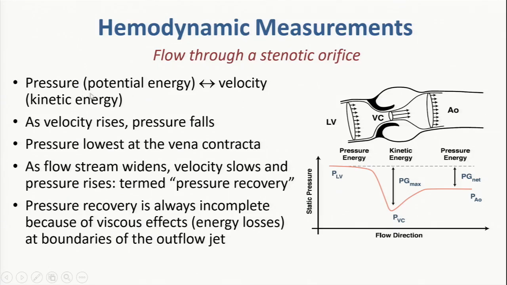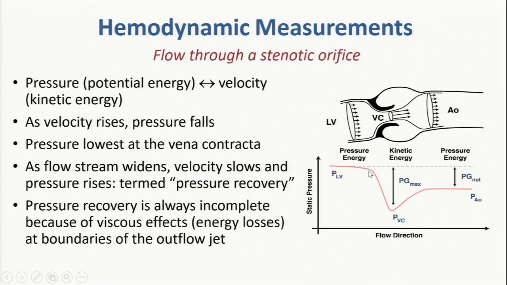Again, the principle here is we're going back and forth between pressure or potential energy and velocity and kinetic energy. So we start out here, and we start moving down into the vena contracta. The velocity speeds up, but as the velocity speeds up, some of that potential energy is converted into kinetic energy, and the pressure will fall.